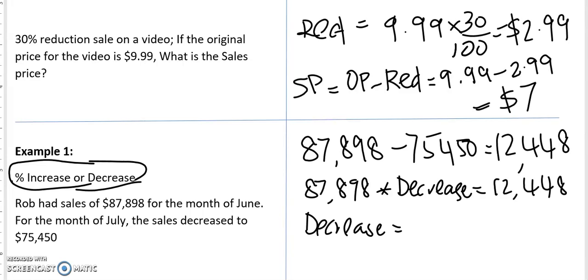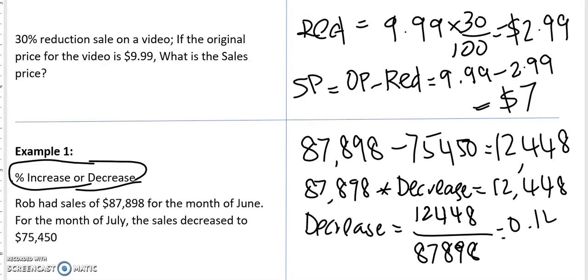The decrease is equal to 12,448 divided by 87,898, and that is equal to 0.1416. If I want to convert this to a percentage, that is 14.16%. How did I do that?